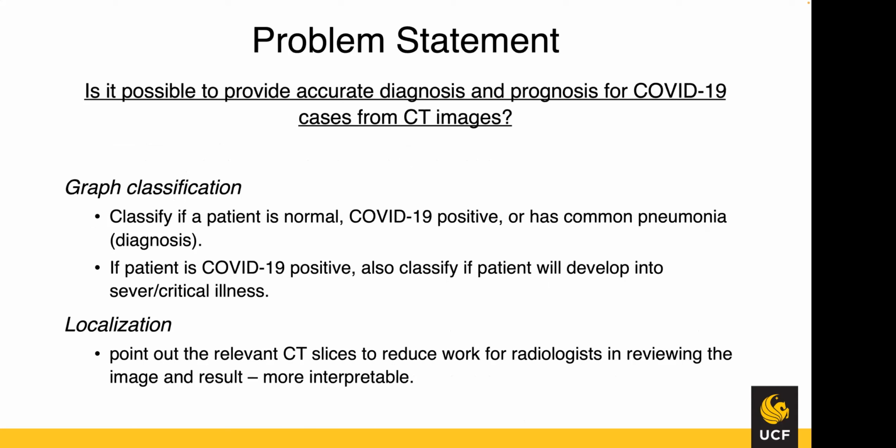Okay. So the problem statement is: is it possible to provide an accurate diagnosis, but more importantly, prognosis for COVID-19 patients just from the CT images? And so the authors aim to tackle this problem as a graph classification problem.